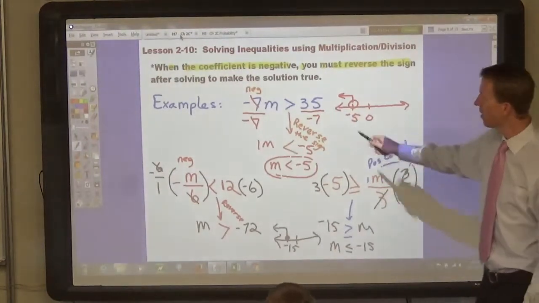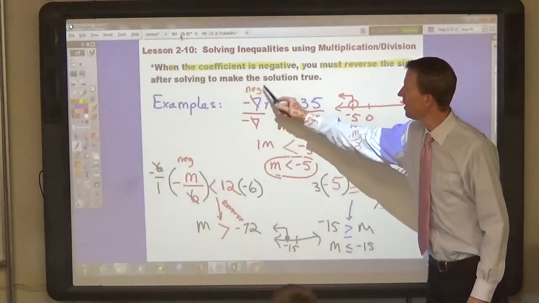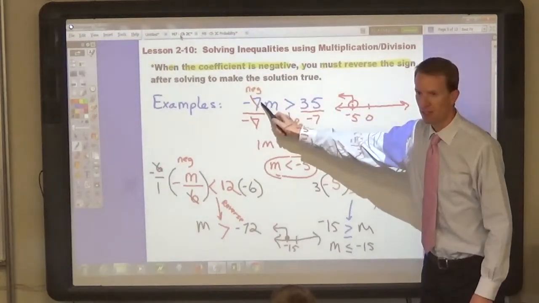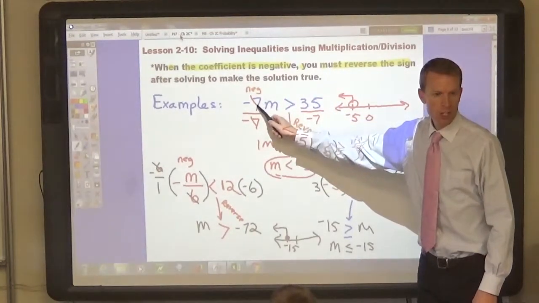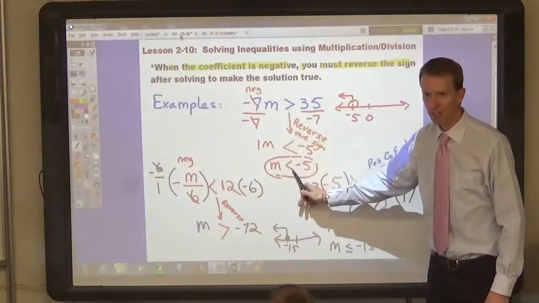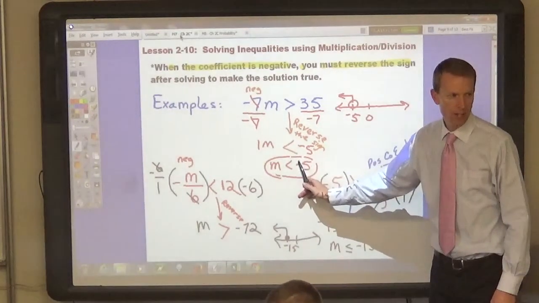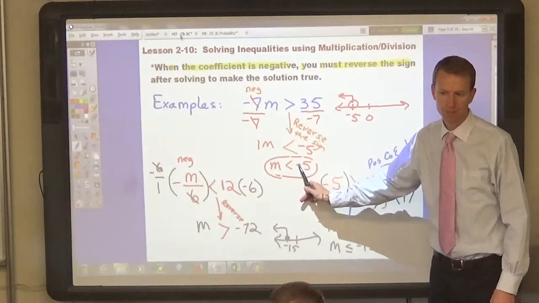Now that's going to be important information when we're solving these, because we're going to need to identify the coefficient. And if the coefficient is negative, when we get to the end, we have to reverse the sign in order to get the true solution.